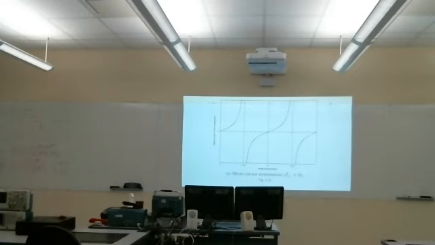This is the lossless case, where R prime and G prime are both 0 in our transmission line model. And gamma, our voltage reflection coefficient, is ZL minus Z0 over ZL plus Z0.